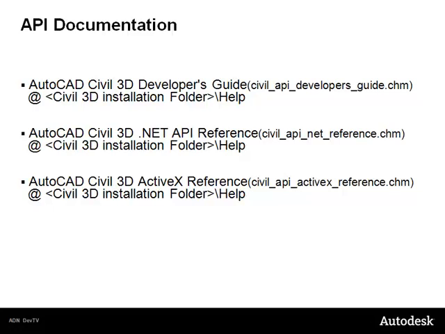AutoCAD Civil 3D .NET API reference document is another very useful reference document with code snippets which cover the Civil 3D .NET objects. AutoCAD Civil 3D ActiveX reference document is the extensive COM API documentation with lots of useful details covering the object model and various ActiveX libraries hosting the COM API.